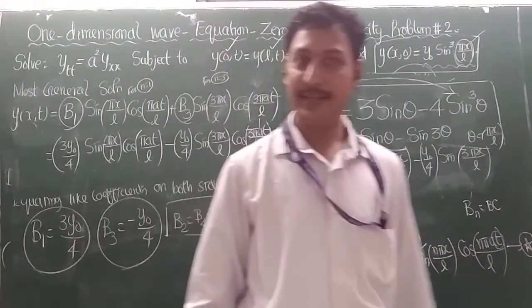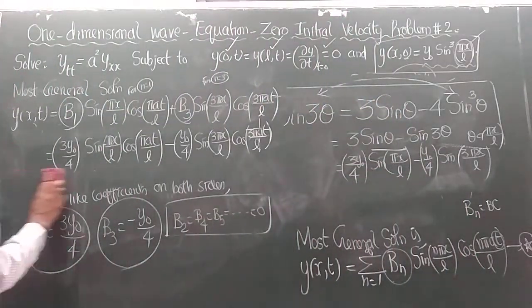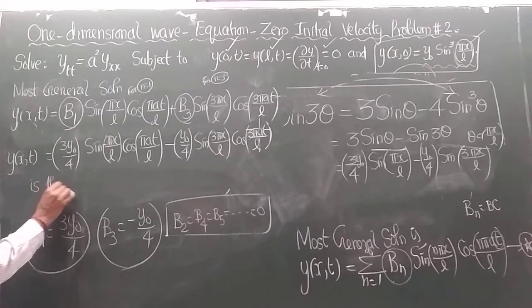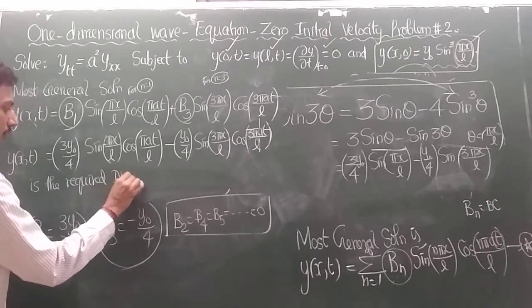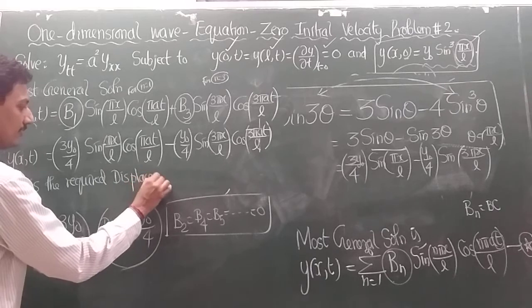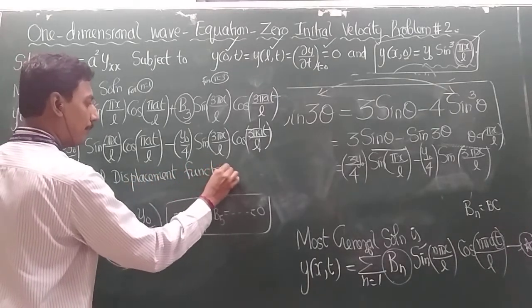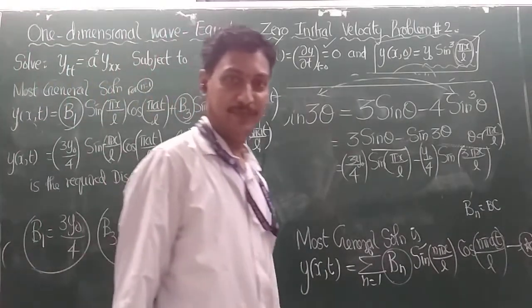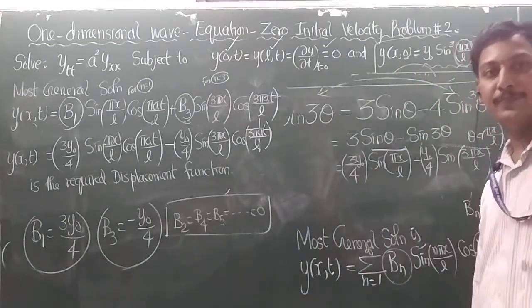Right? So this is the required displacement function of the given string. Understand? So this is problem number 2 for the trigonometric type, y naught sine cube pi x by L.